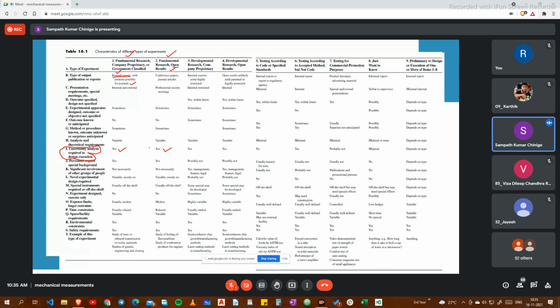Special instruments required are usually off the shelf. Do you only need to execute an experiment design, or is the design already existing so we can continue with the fundamental research? No, each time, based on the research that you are carrying out, you have to design new things.